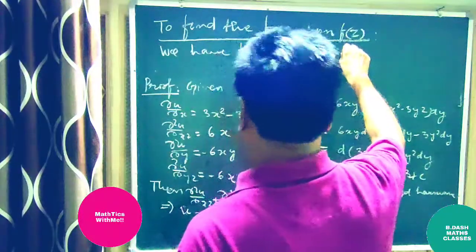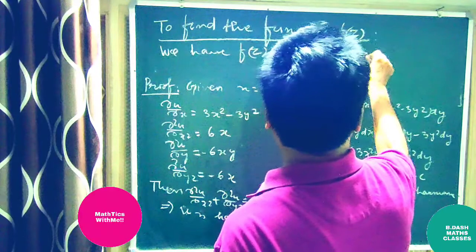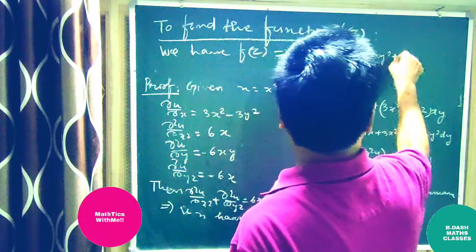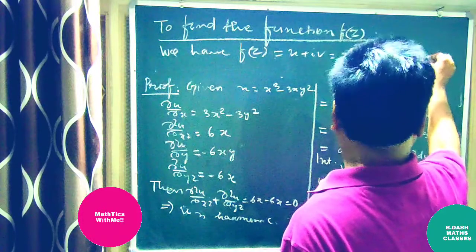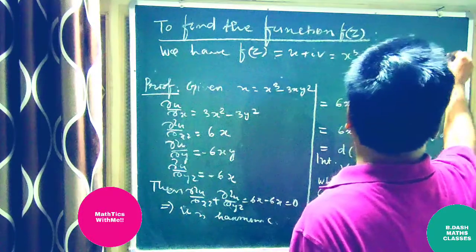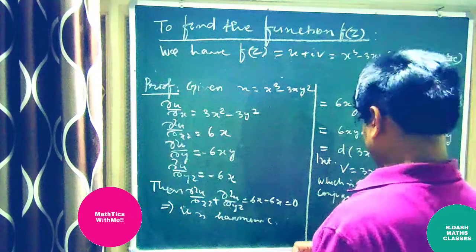This is x cube minus 3xy square, plus i times v, where v is 3x square y minus y cube plus c.